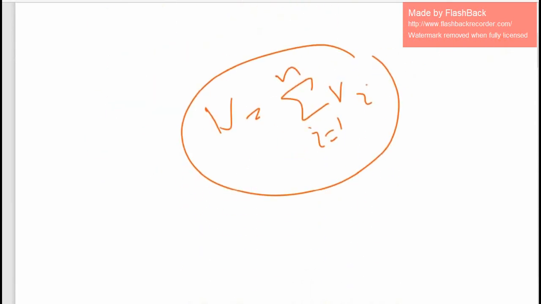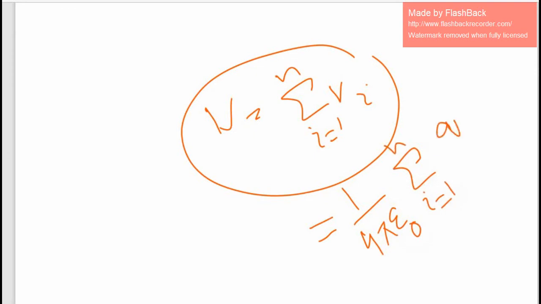If we have more than one charge, then of course we will apply the superposition principle, the summation of electric potential due to all charges, and we write it like 1 over 4 pi epsilon naught, summation i equals 1 to n of qi over ri. N क्या है? N is the number of point charges.